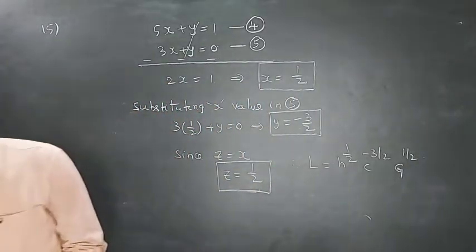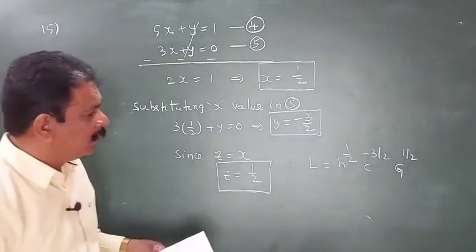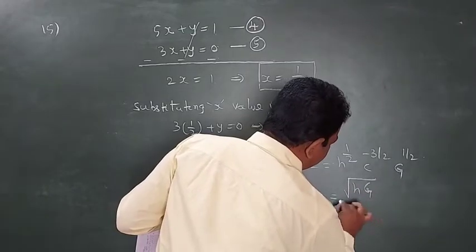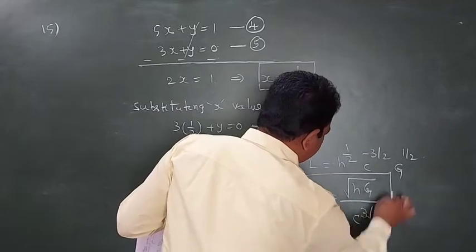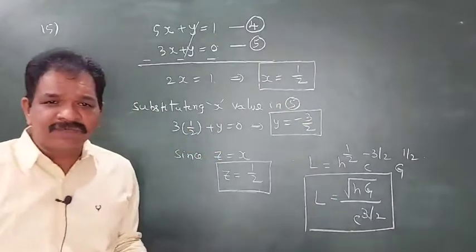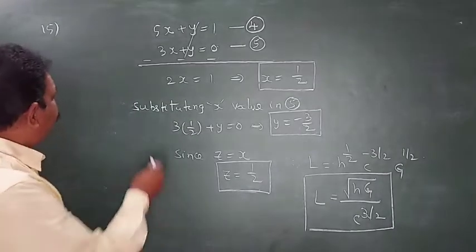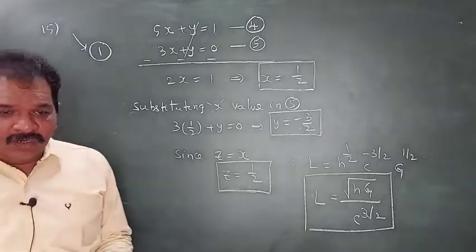So if we substitute these values, this value will be root of hG divided by c to the power 3 by 2. So this is the answer. So the option for this will be first. For 15, it will be 1.